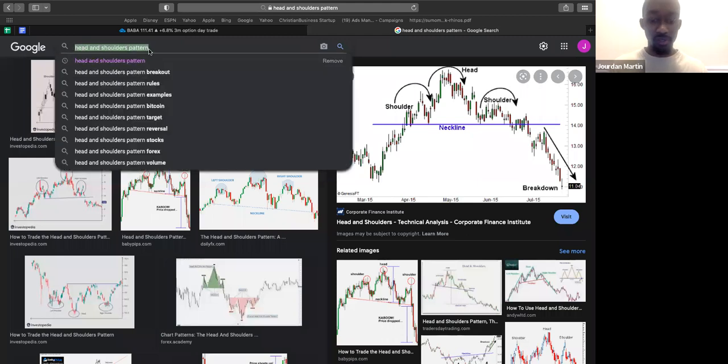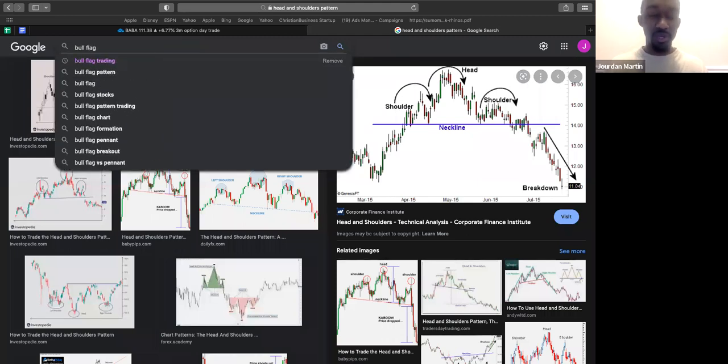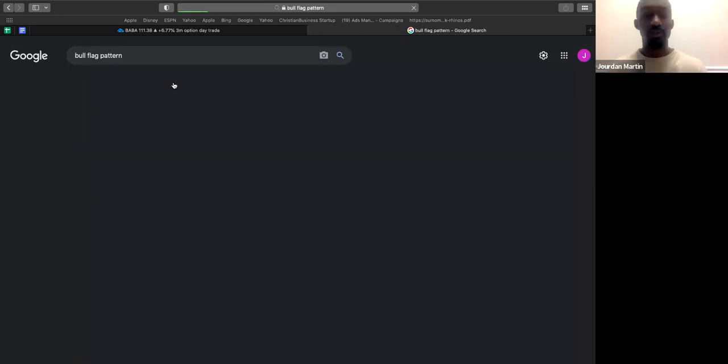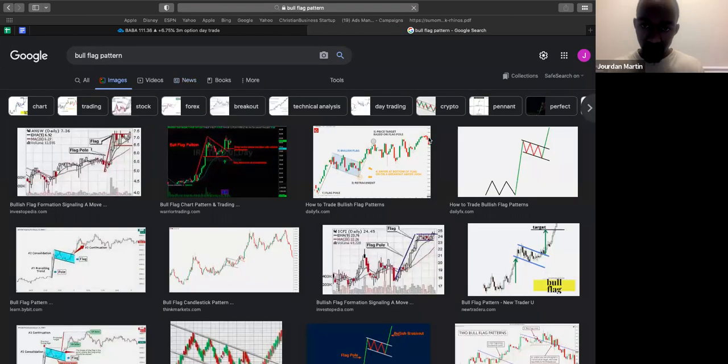And if we come over here, this is what you should do every time somebody says something about a pattern and you're like, what? Pull it up. What is it? Okay, cool. So let's go with this one. Looks like it has some good information. All right. So what's a bull flag? We see a movement up.